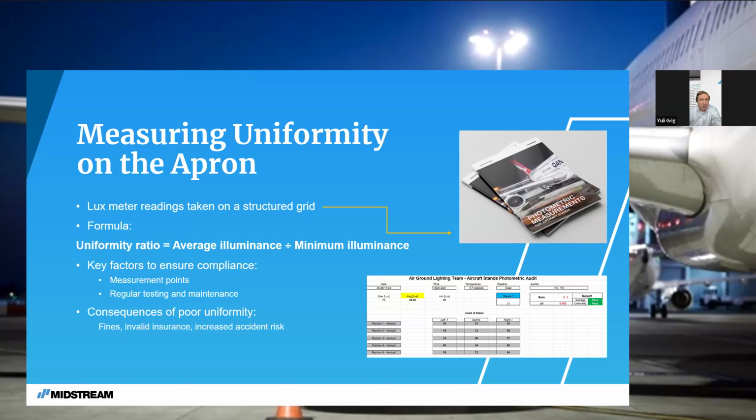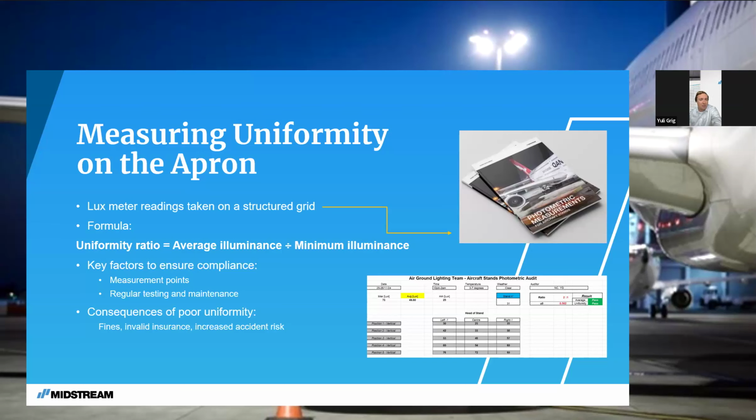There are instances where we have had an aircraft apron area decommissioned because of non-compliance. In those instances, we've had the airlines issue a fine to the airport for not providing the pier they had agreed to use, because it was no longer available for usage until the lighting was rectified. So that's happened in the past.